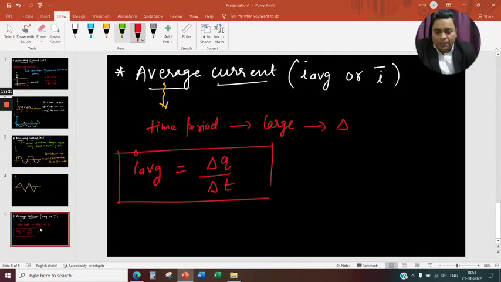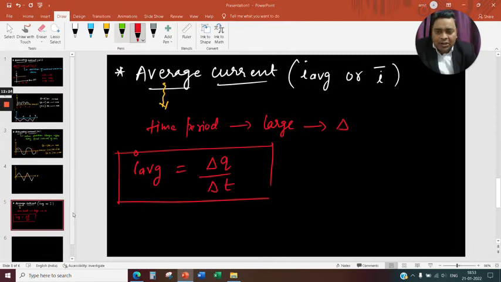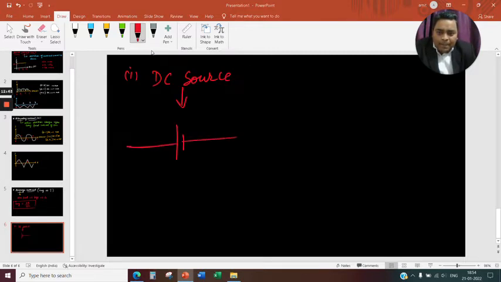Now, let me give one more concept before the mathematical interpretation of I average: sources. First, in case of a DC source, suppose I'm taking a battery, with a positive terminal and a negative terminal.